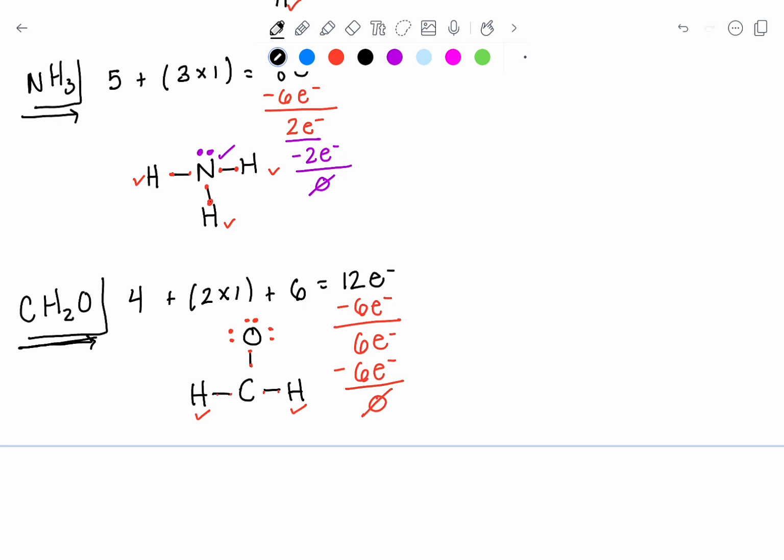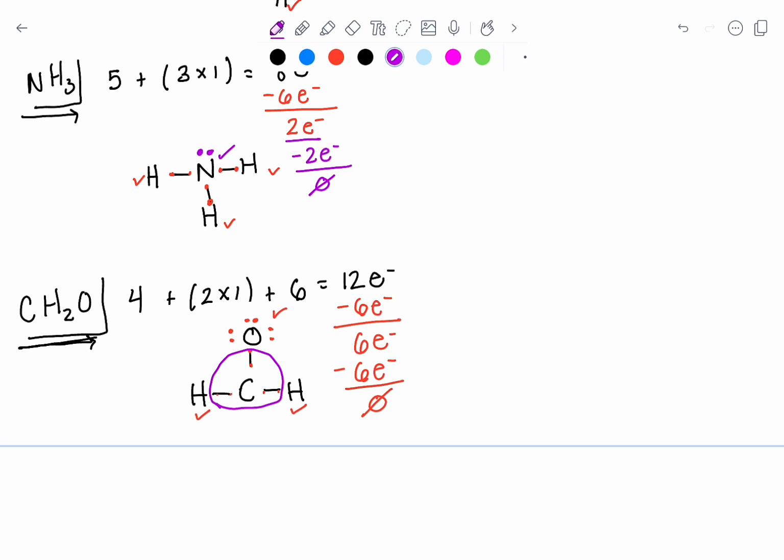Now we want to double check our octets. Well, we said the hydrogens both have their octets. We also said the oxygen now has its octet. And if we look at carbon, it only has 3 bonds, meaning those 3 bonds only associate with 6 electrons.